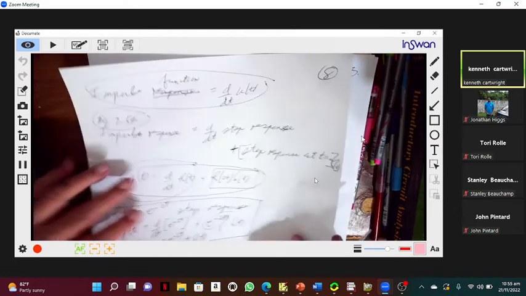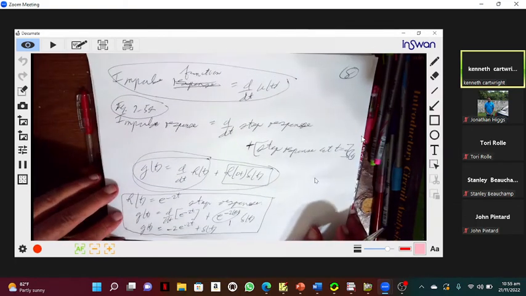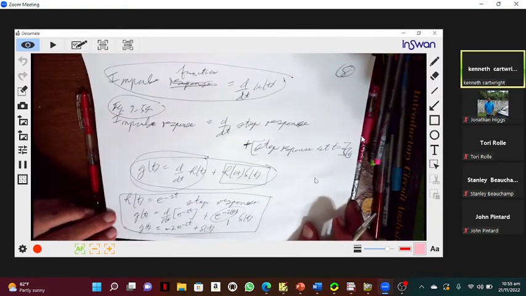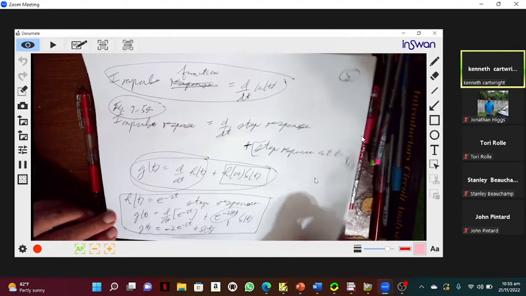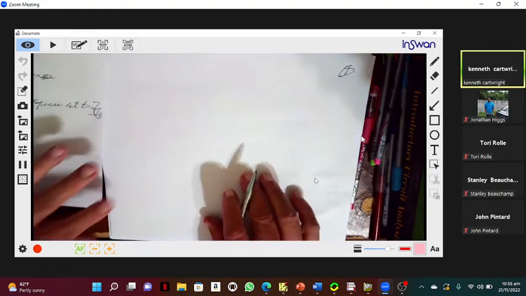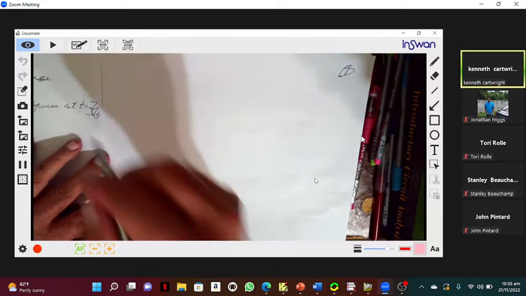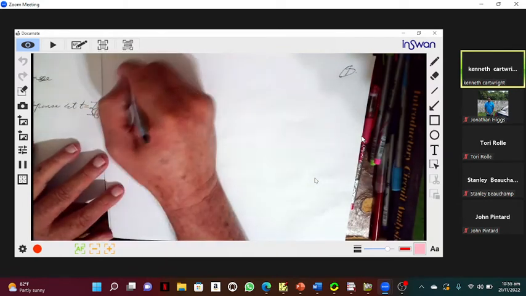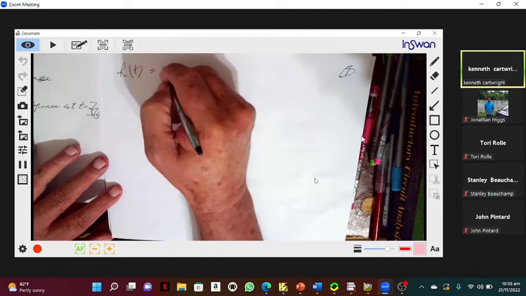All right, let's do it using Laplace transform. So h of t is e to the minus 2t.